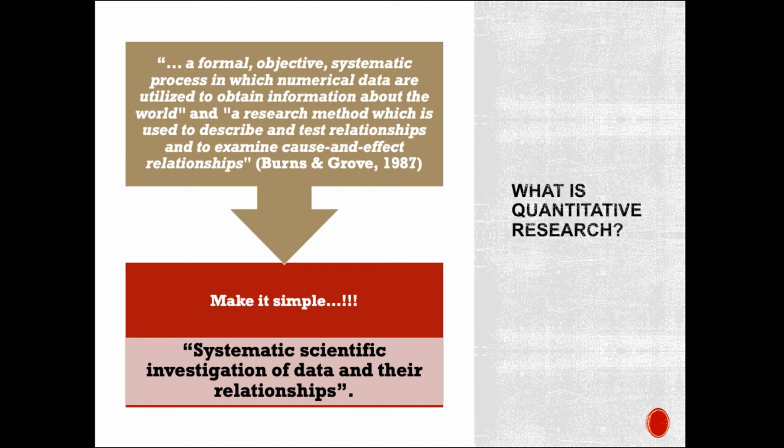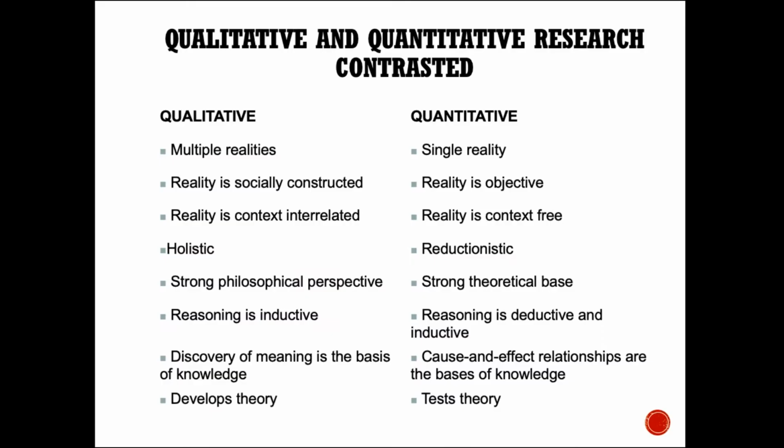So the difference between qualitative and quantitative: first, in qualitative we are gathering data, but that data is in terms of feeling, beliefs, and experience, which is words. But in quantitative, we gather data, but this data is about numbers. So here we have a quick comparison.